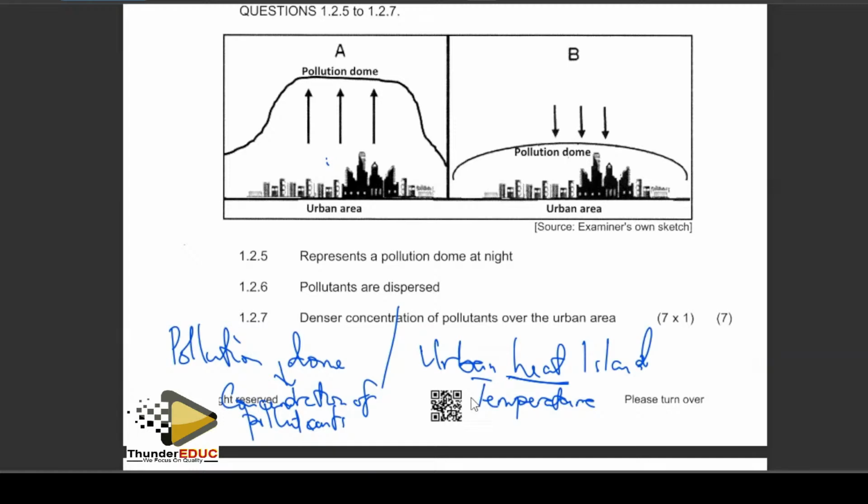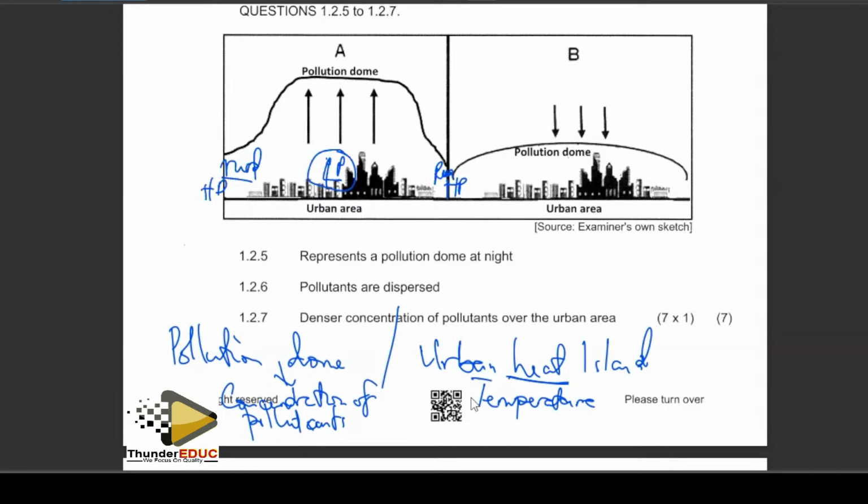And what is going to happen to the pressure? The pressure in the urban area is going to be lower compared to the surrounding areas. This is the rural area and this is the rural area. In the rural area, it's relatively cooler because of the natural surfaces and because of the cooling effect of water bodies. It means that the surrounding rural areas have a higher pressure, but the urban area has a low pressure.